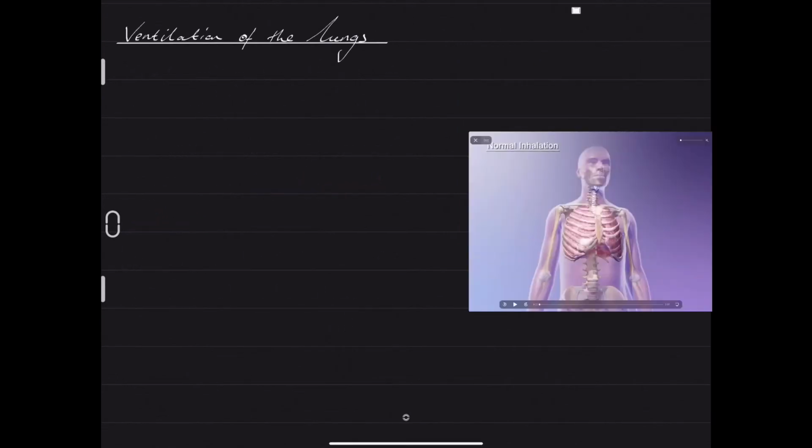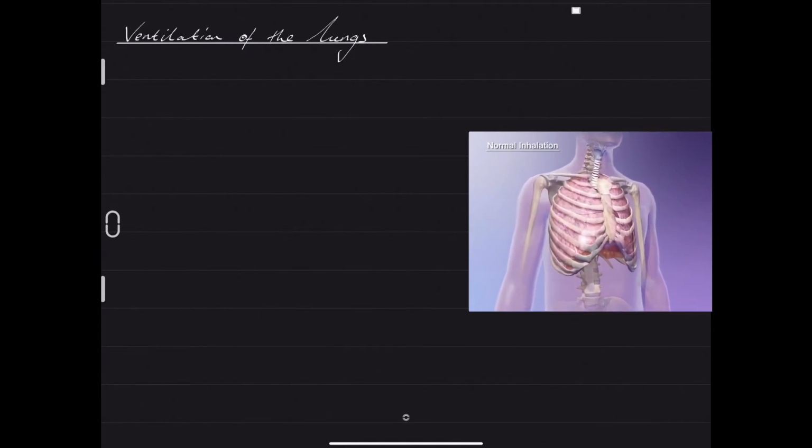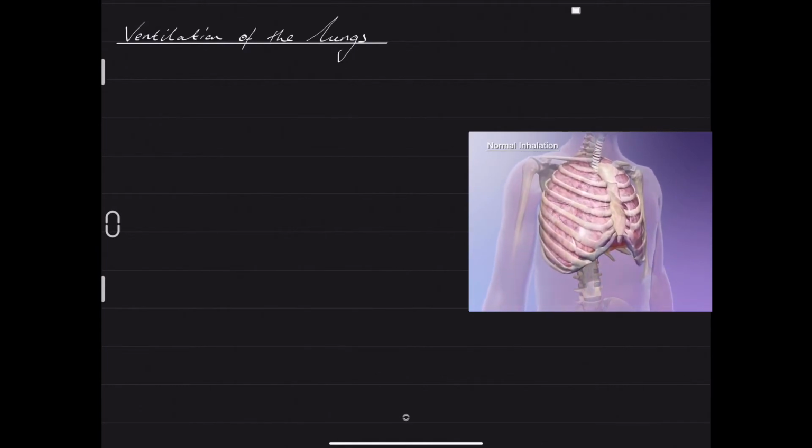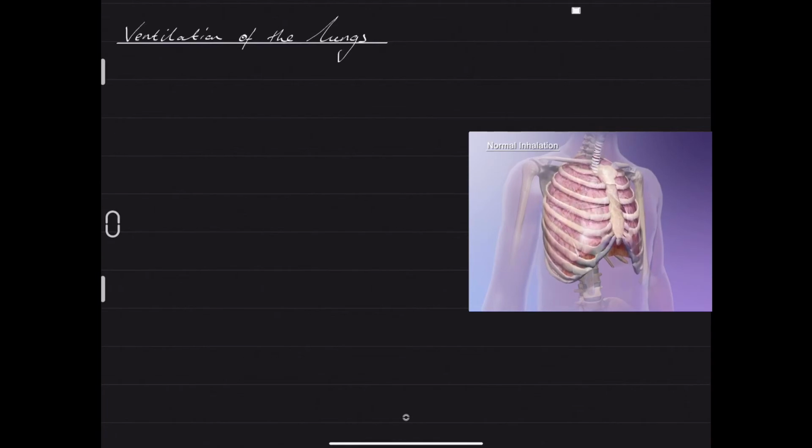So can we just note down the differences of pressure that are created, and how that results in air coming in and out of the lungs.